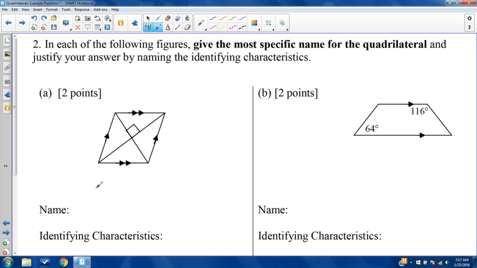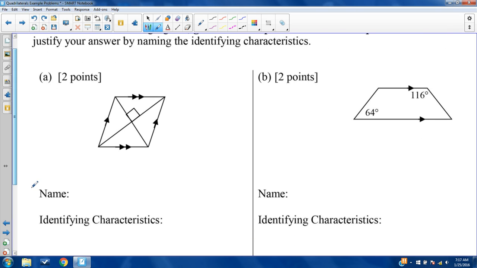So right here, what you have are opposite sides that are parallel. Okay, so we know it's a parallelogram, at least, but what could it more specifically be? Well, we have diagonals that are perpendicular.